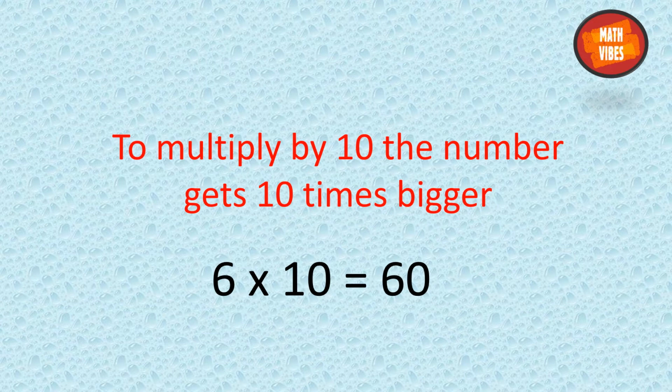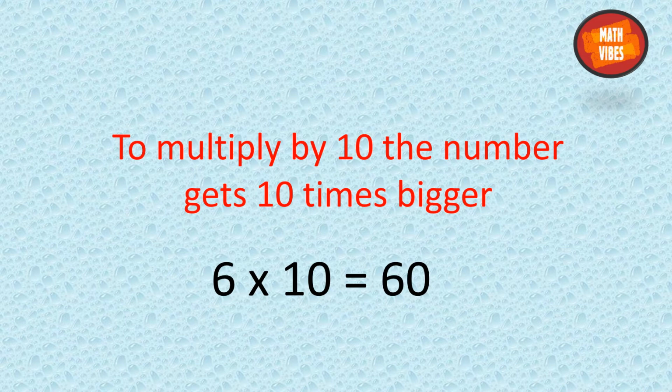So when we have to multiply by 10 orally, we know that the number will get 10 times bigger, because multiply means something which gets bigger. For example, if I multiply 6 by 10, then it will become 60, right? Now 60 is 10 times bigger than 6.